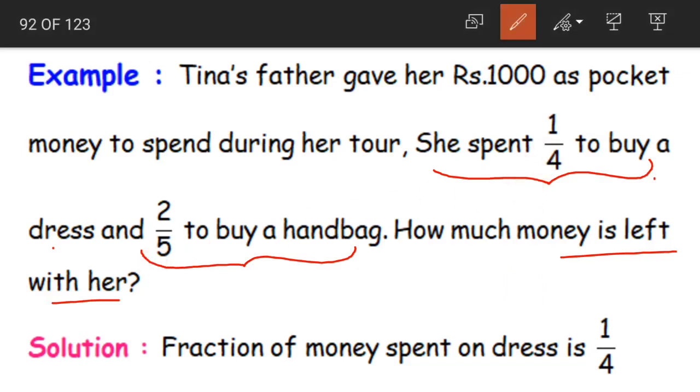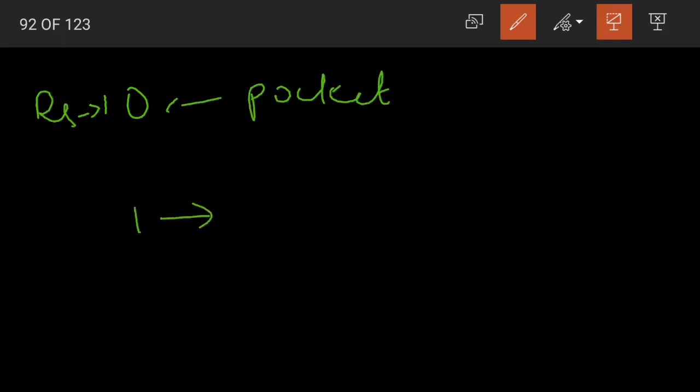See children, suppose we say that Tina has got 10 rupees as her pocket money. From this 10 rupees she has spent 1 rupee to buy a dress and 2 rupees to buy a bag.